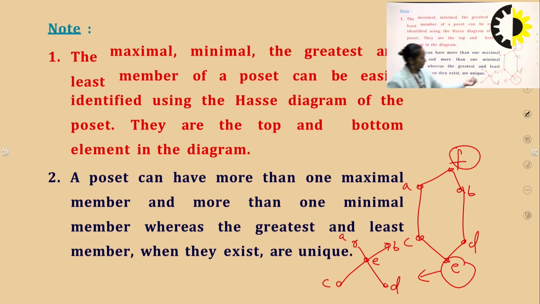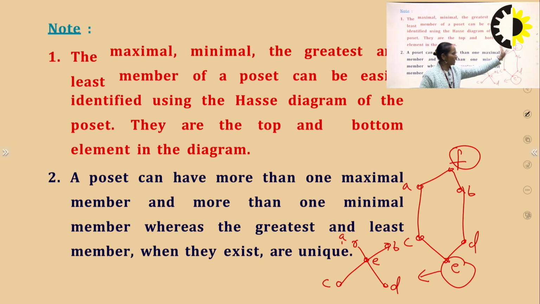From this example we can see that the two elements A and B are the maximal elements, but the greatest element does not exist, and these are the minimal elements but the least element does not exist.